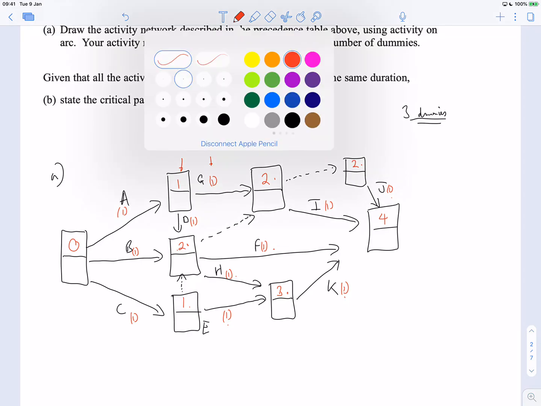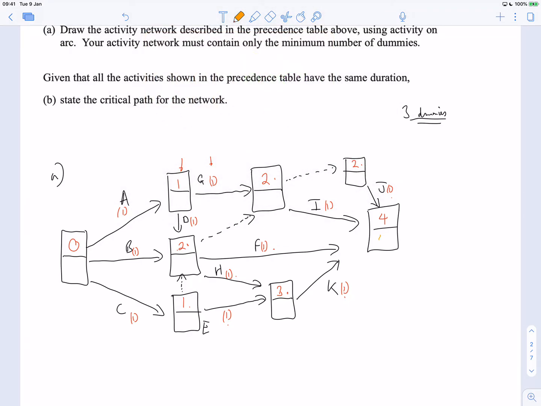So if I now work backwards with the finish times, that's a 4. I go back 1, that's a 3. So then that's a 3. The latest I can be here is a 3.